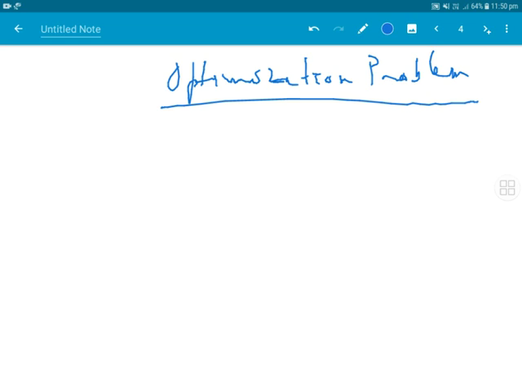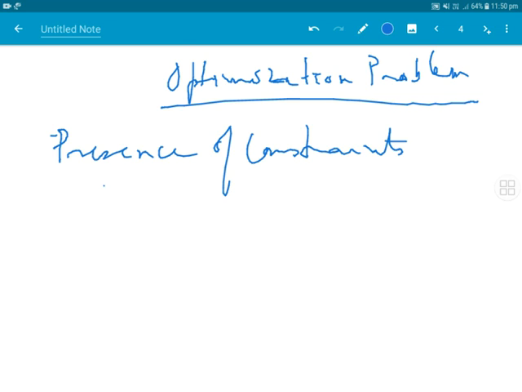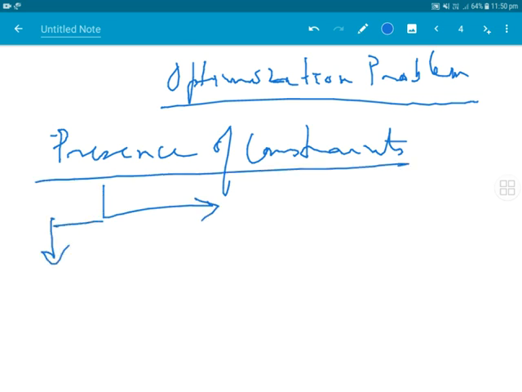To begin with, depending on whether constraints are present or not, we get two types: unconstrained optimization and constrained optimization.